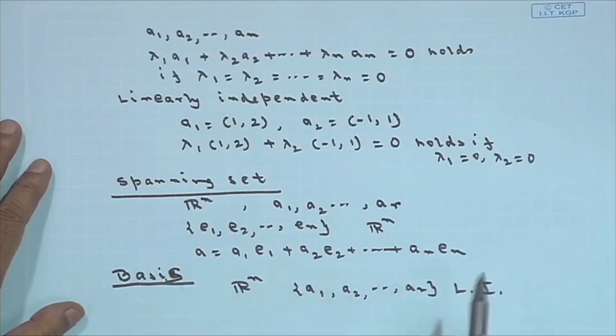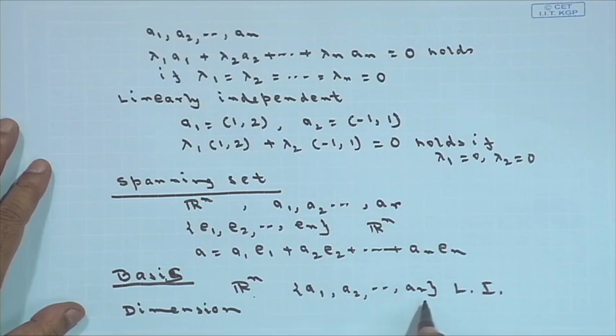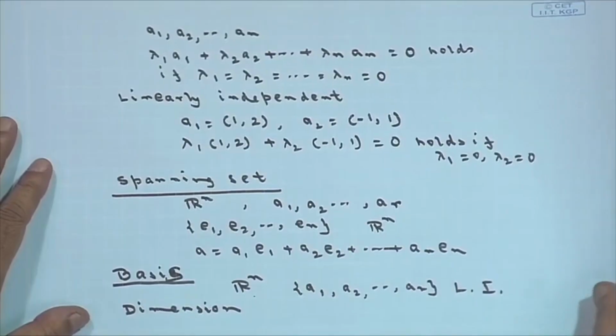And the dimension is the number of linearly independent vectors in the spanning set, known as the dimension of the basis. So in one word, a basis is a set of linearly independent n vectors which spans the entire Rn, and the dimension is the number of elements, or number of linearly independent columns, of that set. So next we will start in the next class.